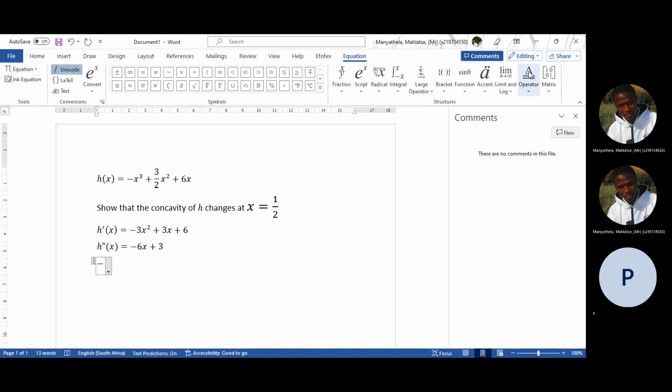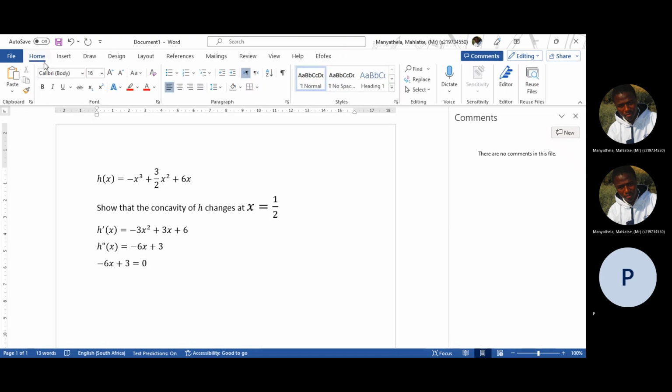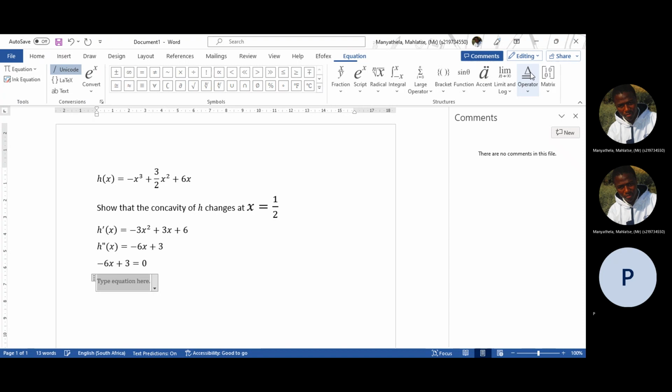So minus 6x plus 3 is equal to 0. Now we're solving for x. So let's take this one across. So minus 6x will be equal to minus 3. So next step, we're going to divide both sides by minus 6 so that we can have the value of x.